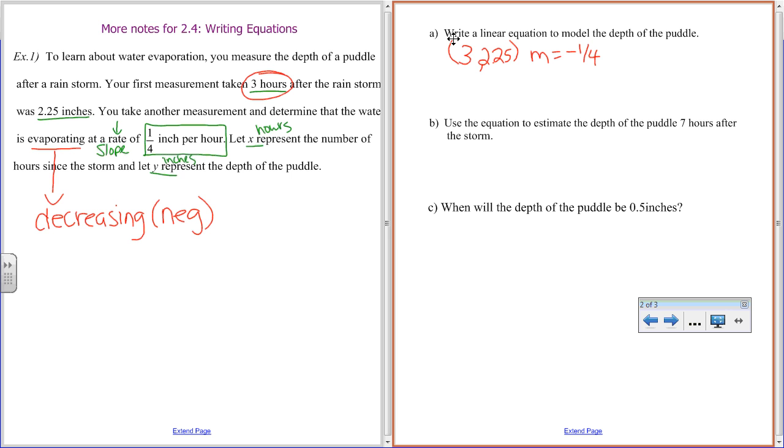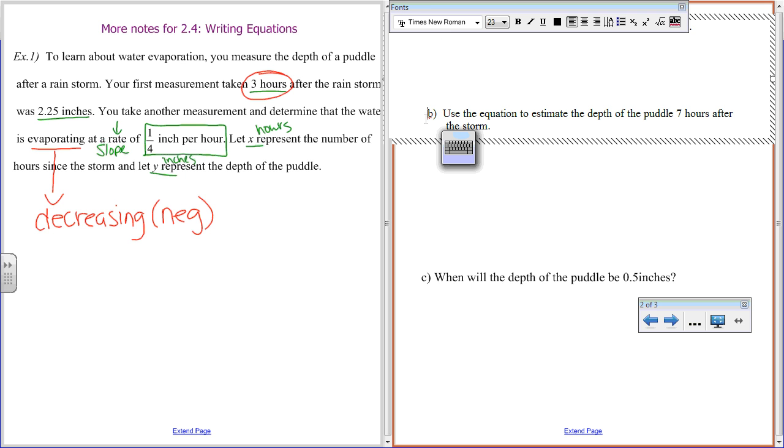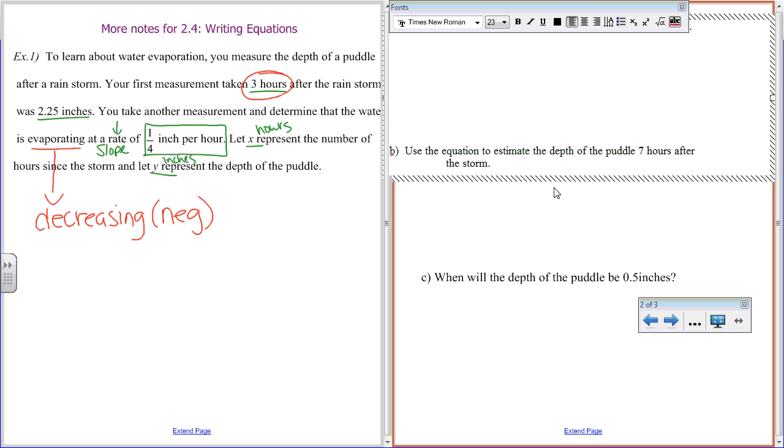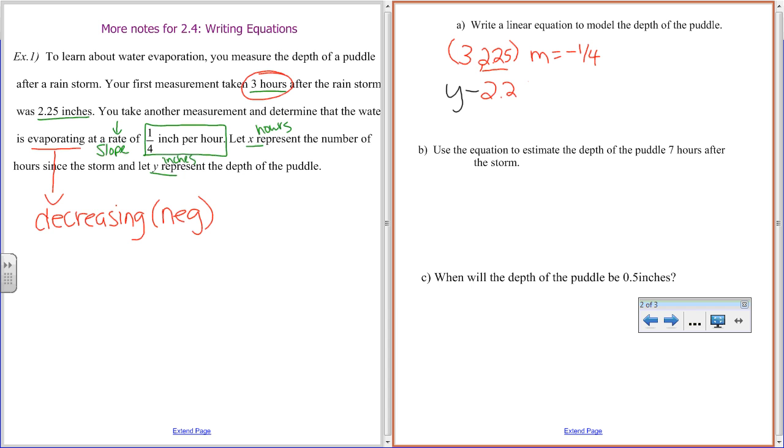So we're going to go through, and let's try and spread that out and give us some more room there. What we can do here now is take y minus my y, 2.25, and set it equal to m, the negative 1/4, times my x, and that's going to be minus 3.